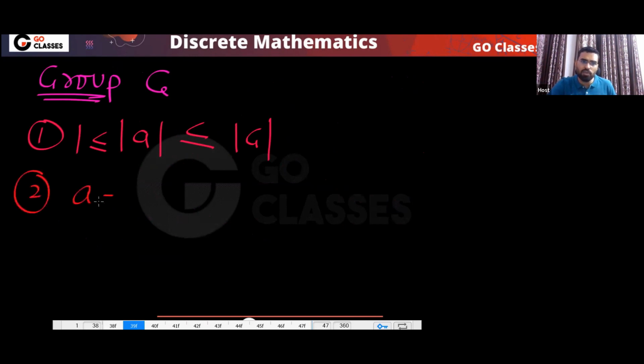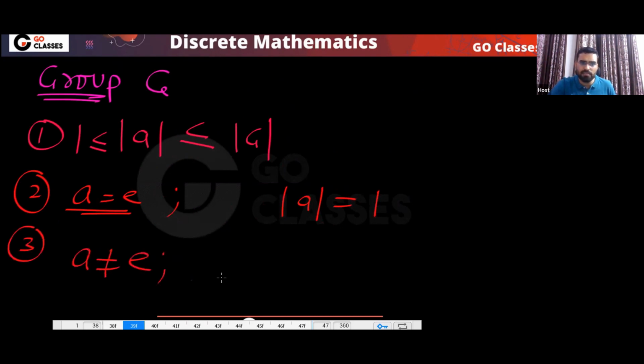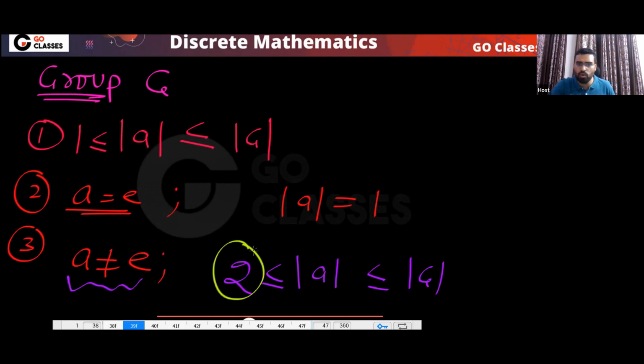If A equals the identity element, then the order of A equals 1. And if A is not equal to the identity element, then it will be at least 2, because it can generate E comma A. Definitely E comma A it can generate, so from 2 because of E comma A.